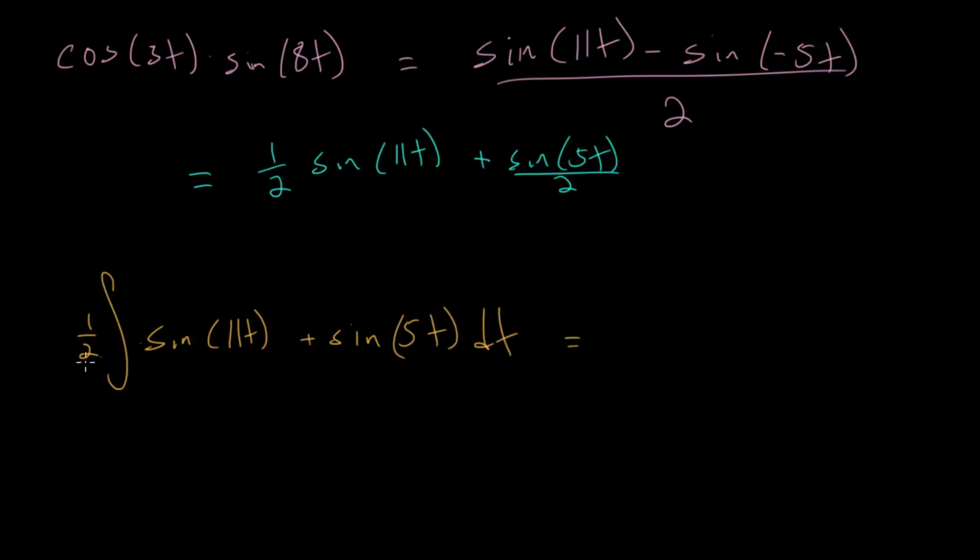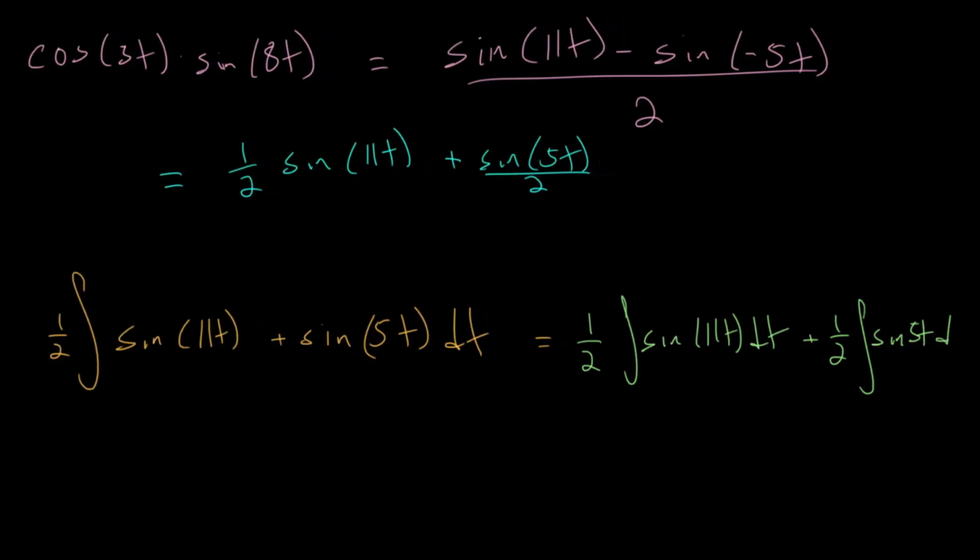At this point, we could separate these into two distinct integrals, since we'll need to do a substitution in each. We have 1/2 the integral of the sine of 11t dt plus 1/2 the integral of the sine of 5t dt.